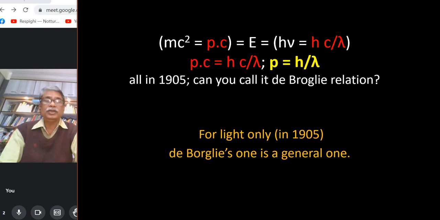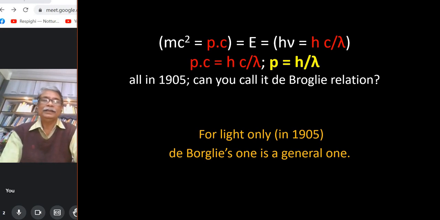The de Broglie relation is a very general one. p is h by lambda is valid for anything in the universe, but Einstein gave it only for light. So it is a philosophically curious question why Einstein, even after getting p equal to h by lambda, couldn't extend this concept beyond light. That is a very important historical and philosophical question.